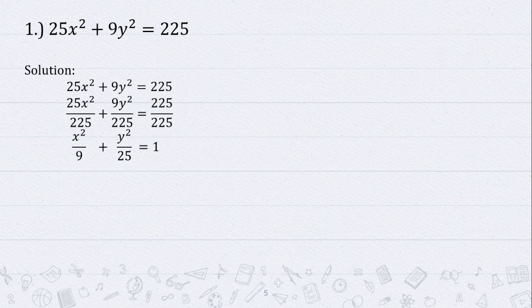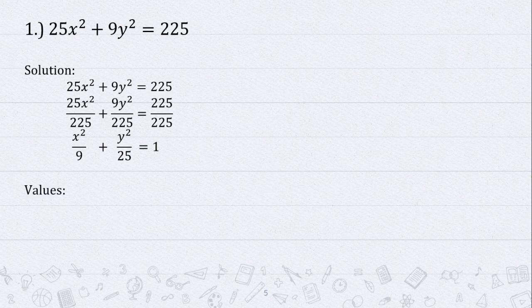So in our first term here, 25 divided by 25 is 1, so we don't have to write it anymore, and 225 divided by 25 is equal to 9. For our second term, 9 divided by 9 is equal to 1, so we don't have to write it anymore in our numerator, and 225 divided by 9 is equal to 25. This is now our standard form.